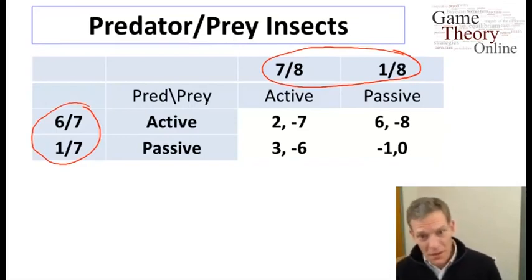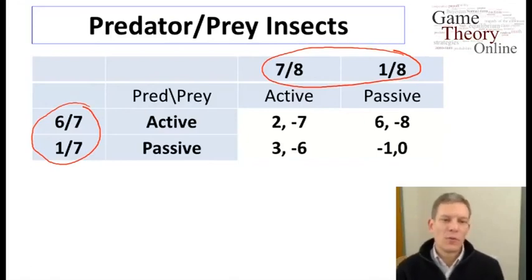Now just in order to talk a little bit about the interpretation of this, obviously this brings up a question of what really is randomization here. And I think one way to interpret this is not necessarily that any particular prey is active and passive with some probability, but that when you look at predators and they meet different kinds of prey, 7/8 of the ones that they meet are active and 1/8 of the ones that they meet are passive.